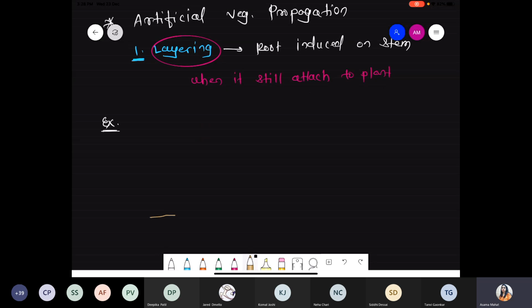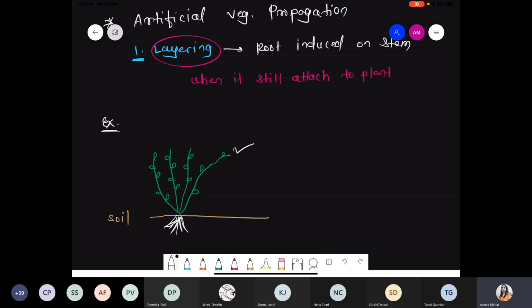Suppose this is the soil, these are the soil layers, okay? Inside the soil there is the presence of roots. Now there is the formation of the shoot system, and multiple leaves are also present like this. But now what happens: this last one, this one, we have to bend like this.